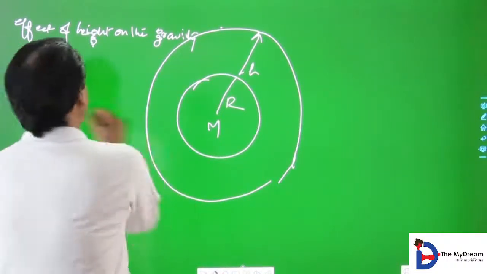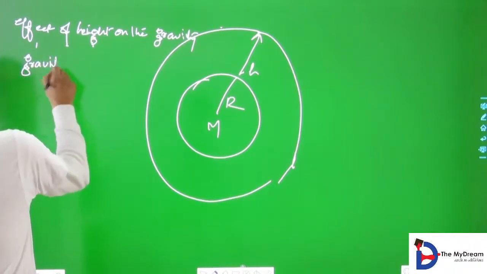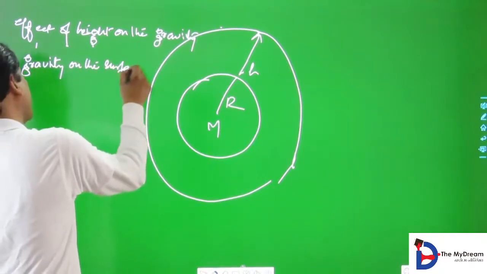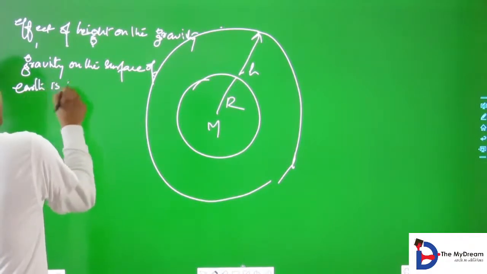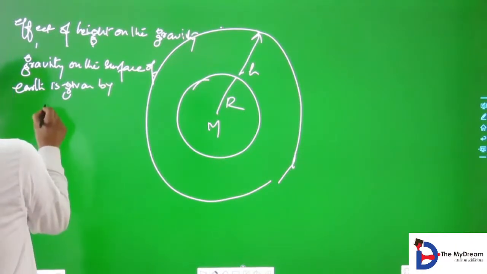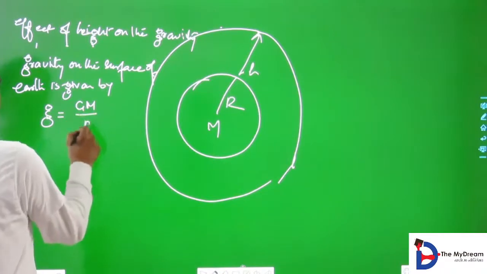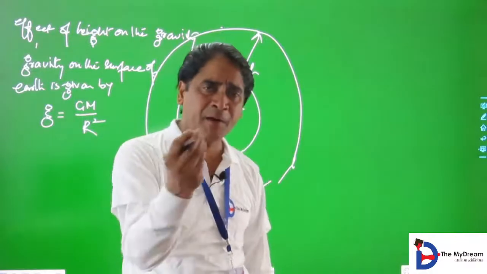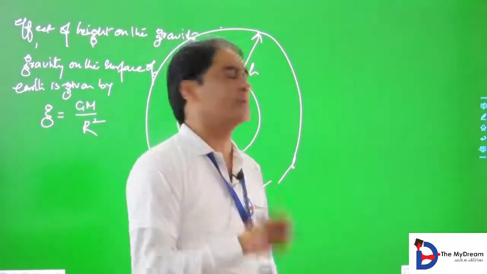As you see, gravity on the surface of Earth is given by small g is equal to gm by r square, which shows gravity is independent to the mass of an object. It depends upon the observative mass, not the test mass.